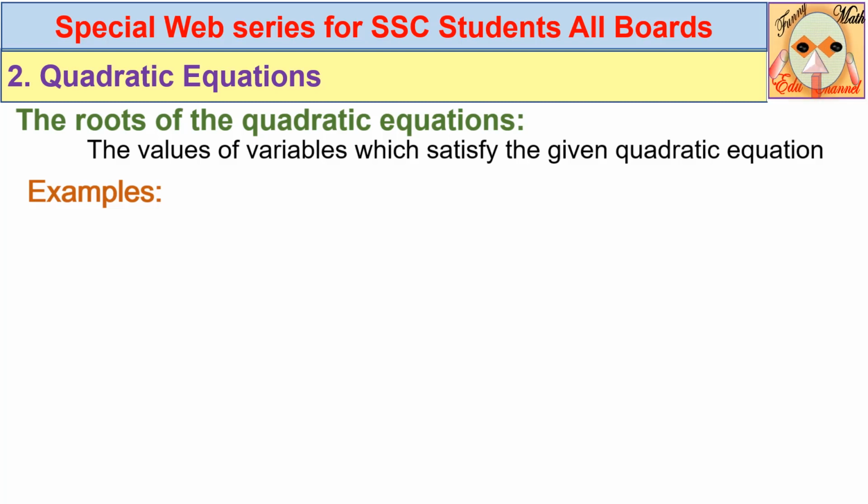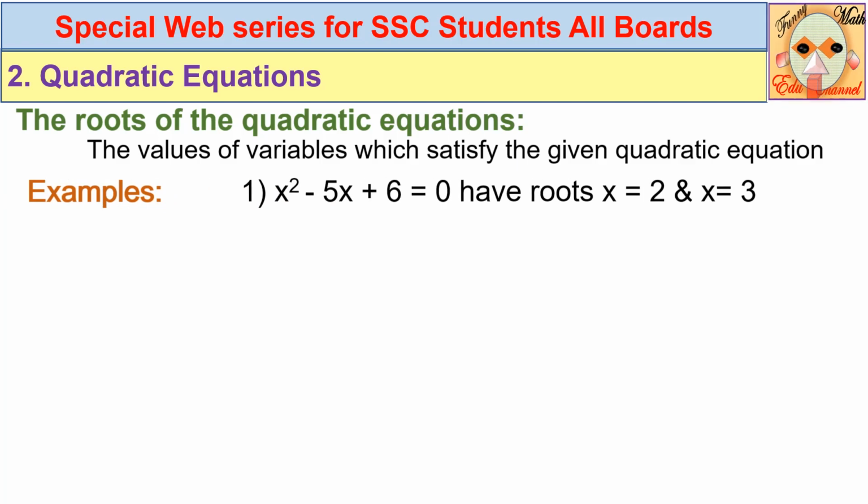This is the criteria. So by the definition, let us see the first example. x square minus 5x plus 6 equal to 0 has roots x equal to 2 and x equal to 3. We first see what happens when we substitute x equal to 2.